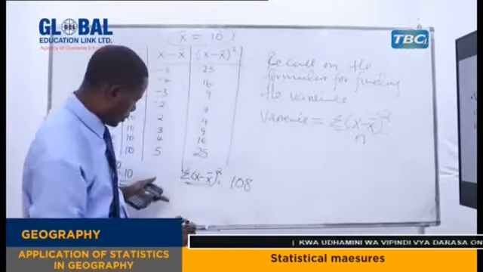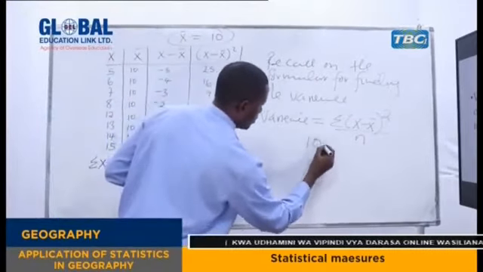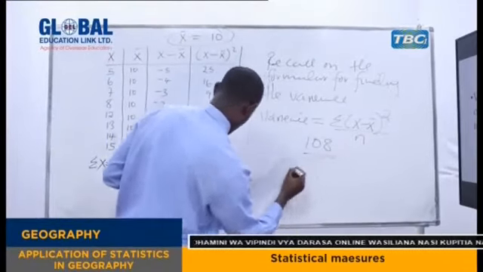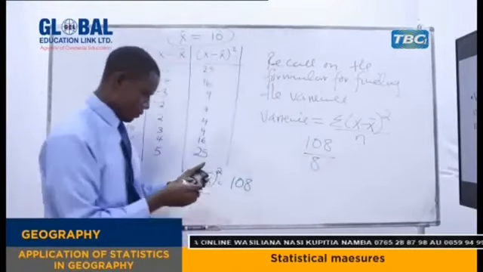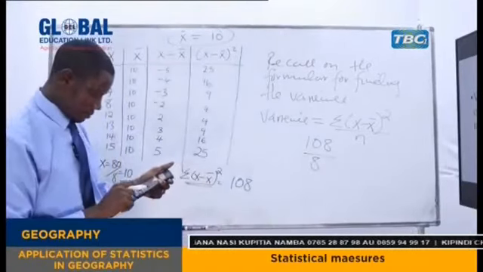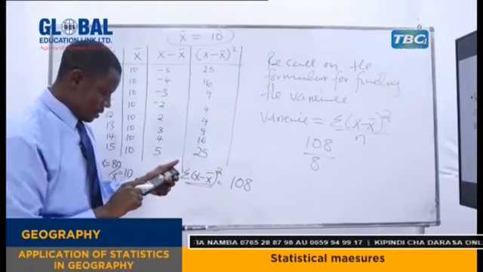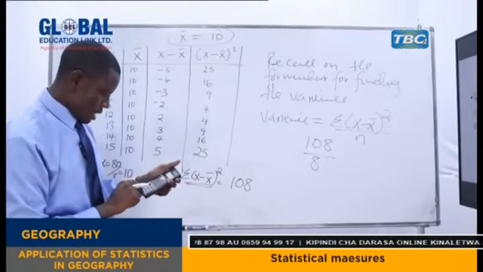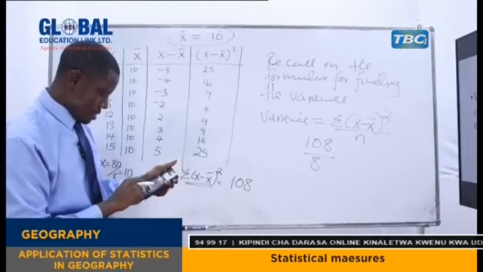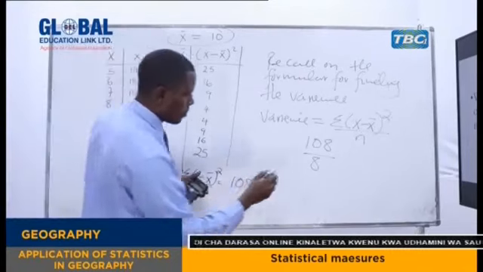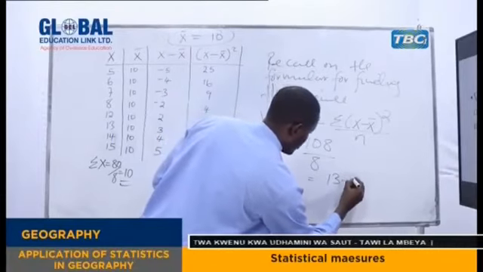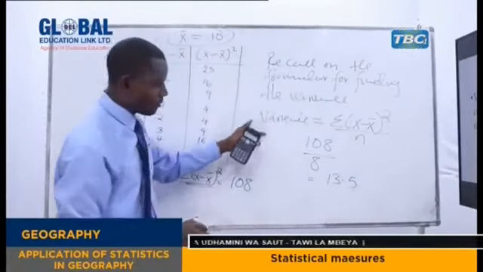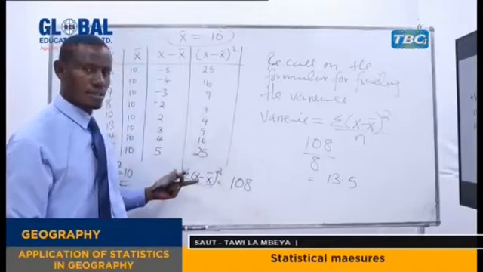So for our case, we take 108 and divide it by 8. Then the answer will be 13.5. So this is the variance for that particular question.